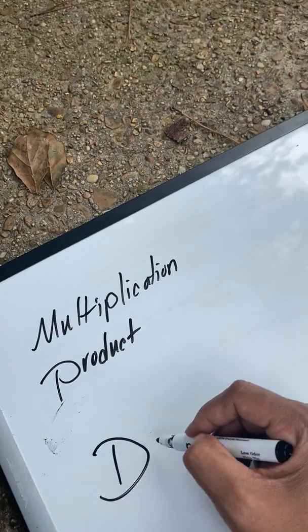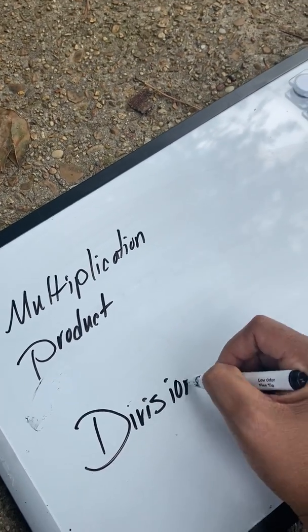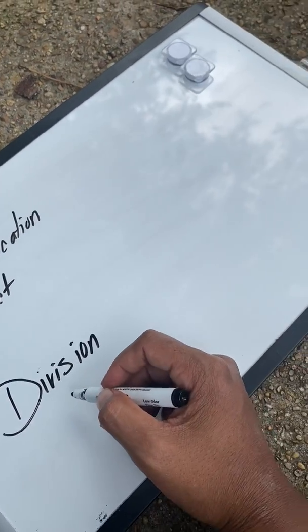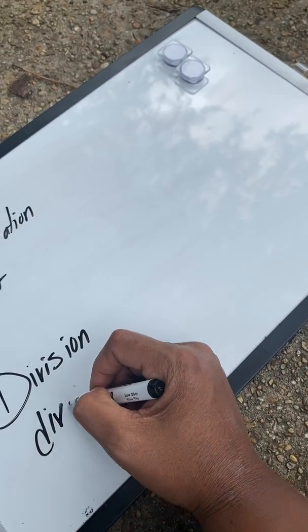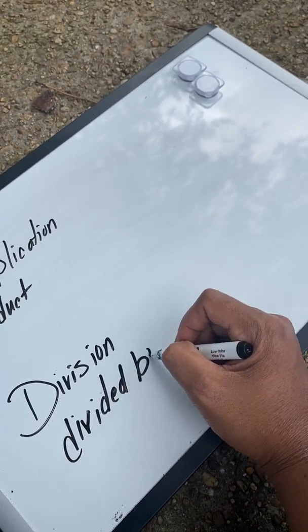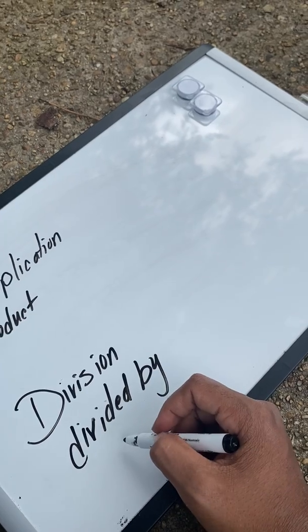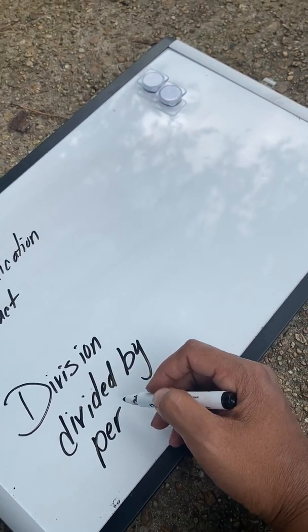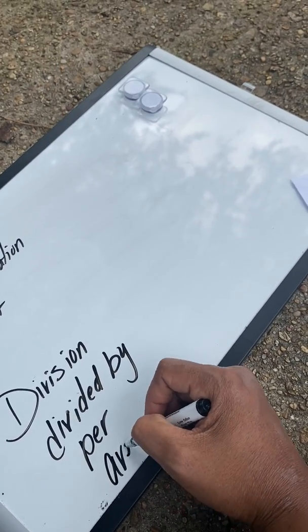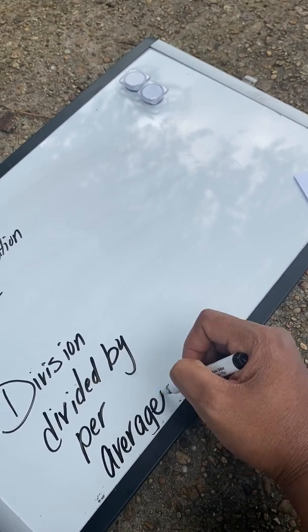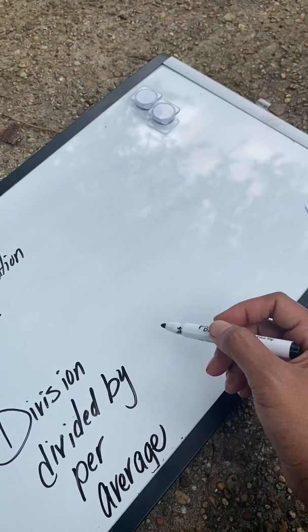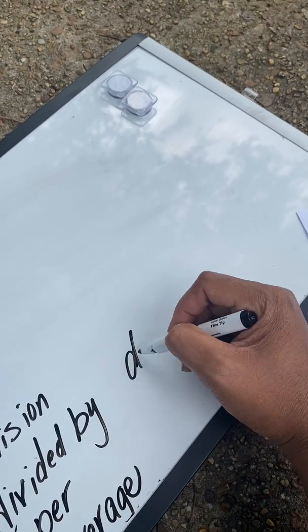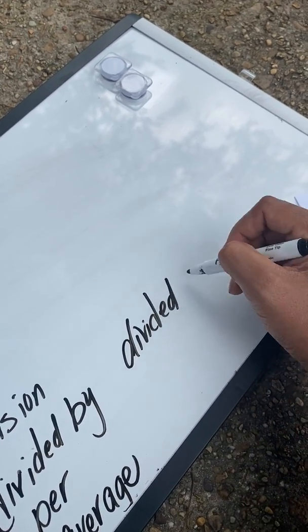Now for division, you will see divided by, per. You may even see average, divided equally.